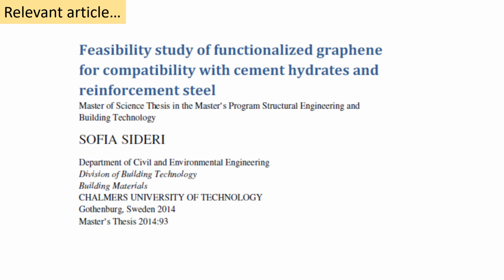This is one example, an article I encountered, where they use functionalized graphene for reinforcement of cement as well as reinforcement of steel, not only cement. So it also shows some promising behavior for the reinforcement of alloys like steel. Steel is nothing but an alloy.